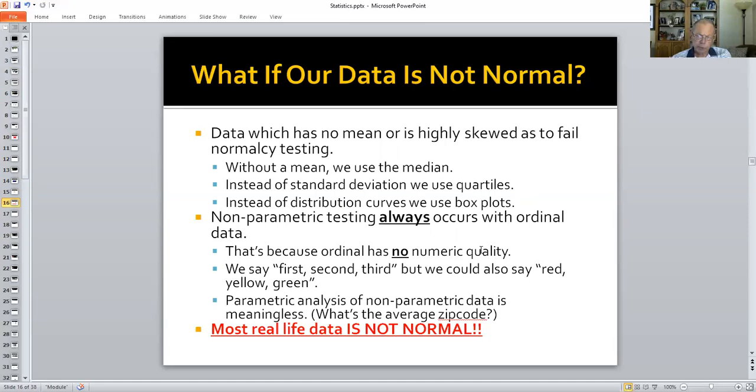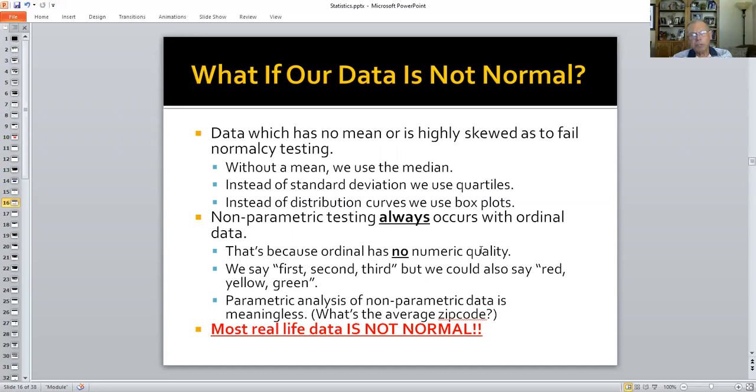And I ask the students, what do you do with your data if by chance your data is not normal? In other words, it's lopsided. And I've had all kinds of interesting answers, everything from get more data to throw it out. And the answer, of course, is you can't always get more data, and that might not even help, and you can't even throw it out, because then what are you doing?